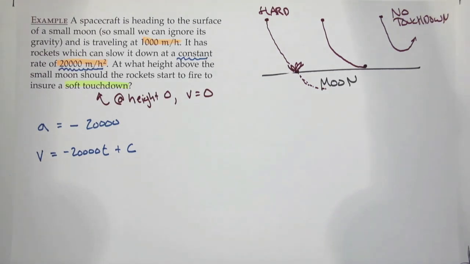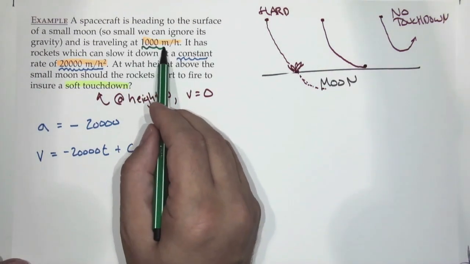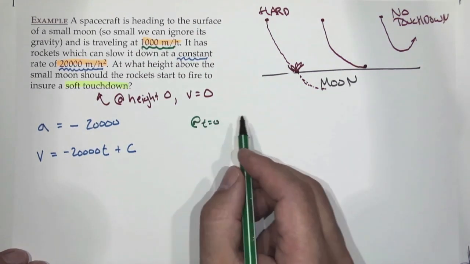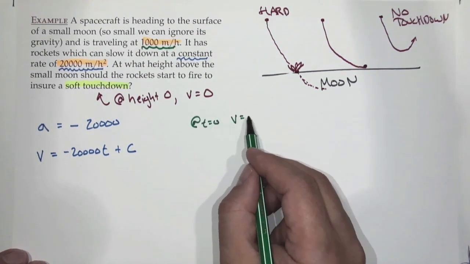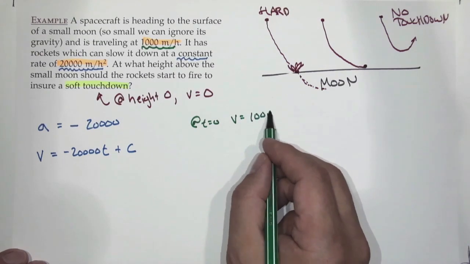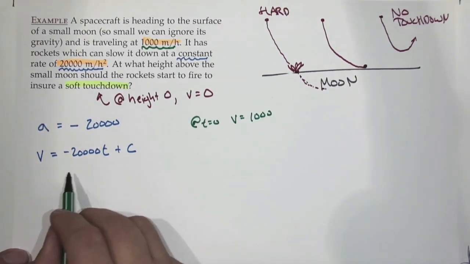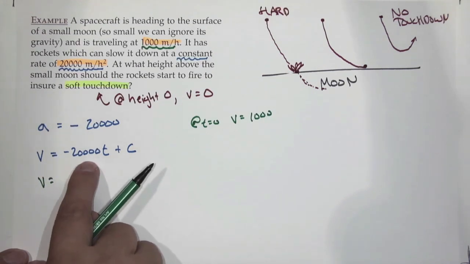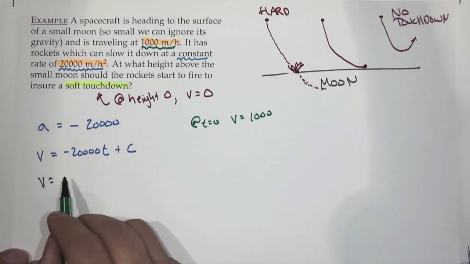Someone said initial velocity. What is our initial velocity? 1,000. Okay, so at time t equals 0, our velocity should be 1,000. Great. So we plug in 0, that goes away, so c should be 1,000.